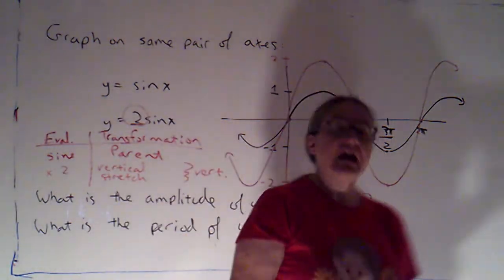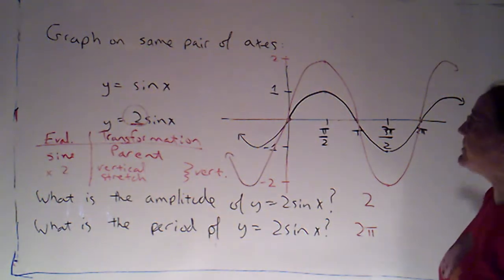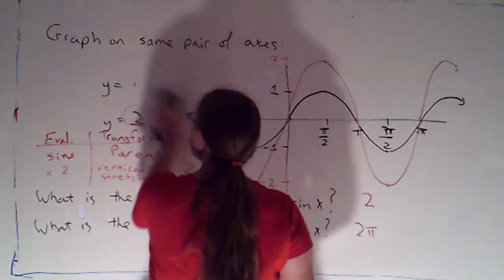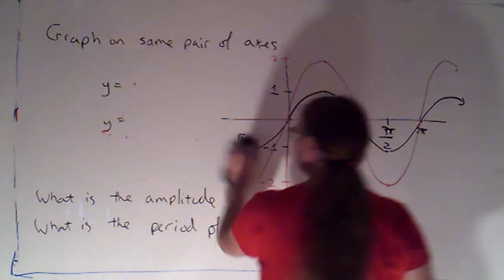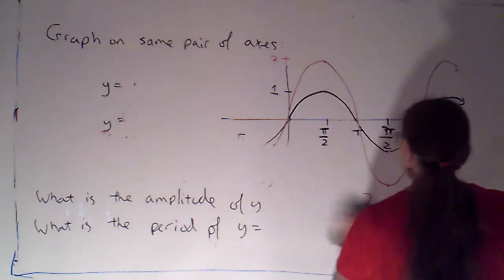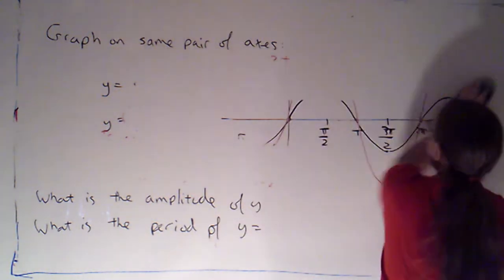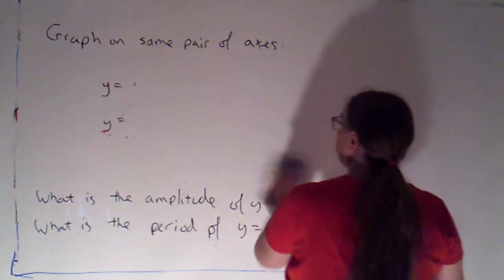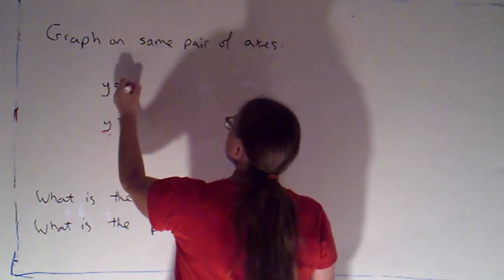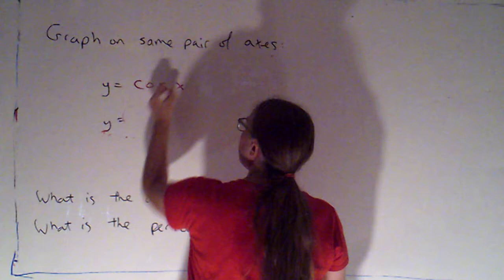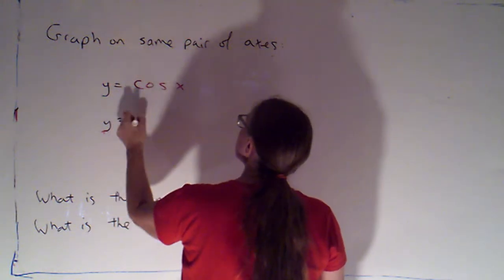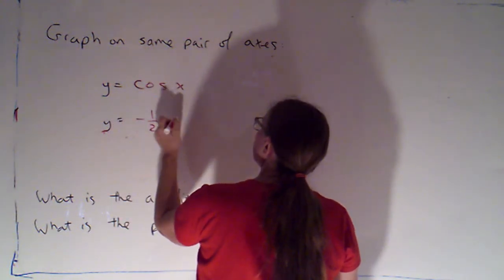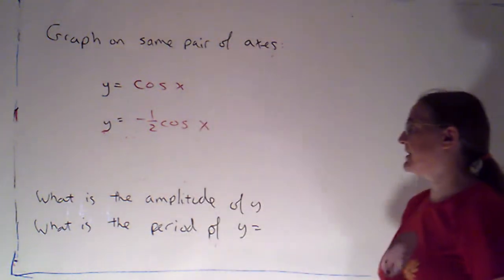Okay. All right. So I'm going to give you folks one to try. Basically, same directions here and same questions. I want you to try graphing on the same pair of axes, y equals cosine x, and then y equals -1/2 cosine of x.